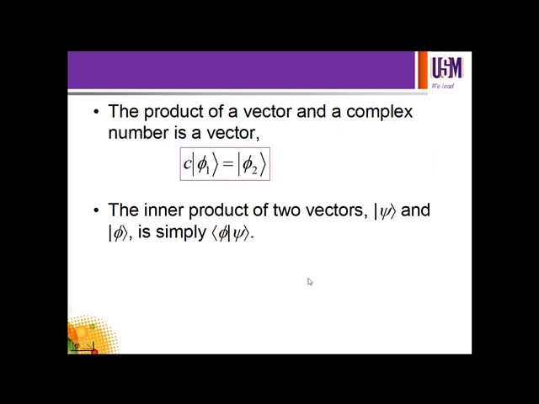The second property is that the product of a vector and a complex number is a vector. For example, if we have a vector phi1 multiplied by a complex number c, then it should equal another vector phi2. That means the product of a complex number and a vector is a vector.